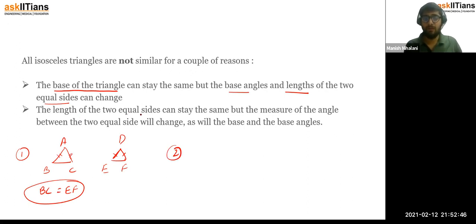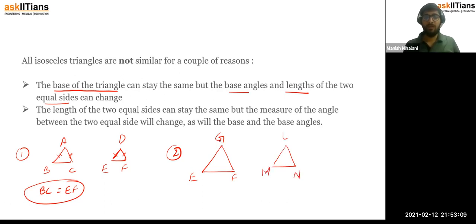And what was the second reason? The length of the two equal sides can stay the same, but the measure of the angle between two equal sides will change, as will the base and the base angles, right? So this was for triangle GEF and triangle LMN.